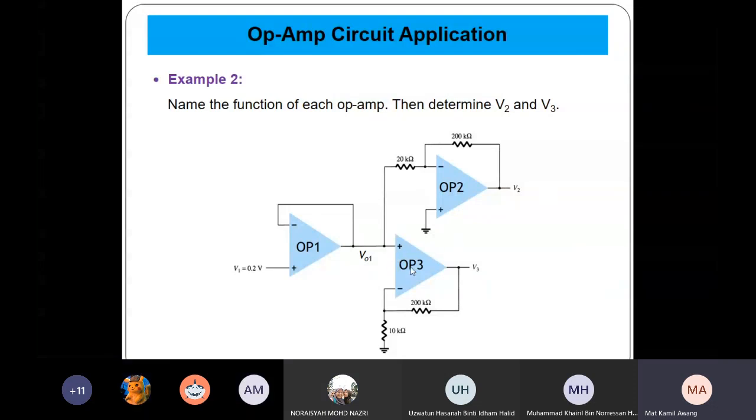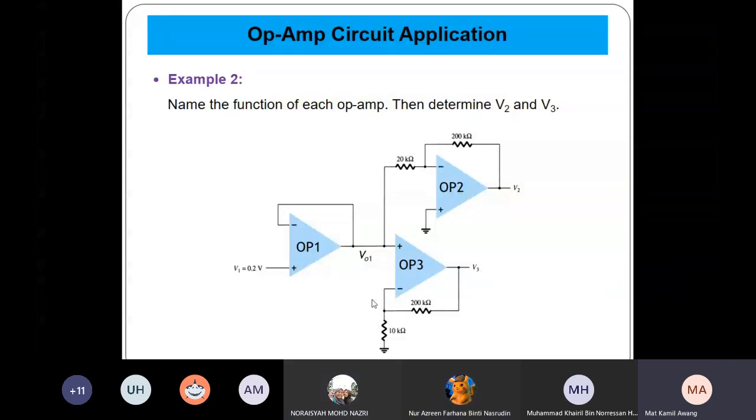Okay, what about this one? What is the gain for this? It is 1 plus RF over R1. So 1 plus 200k divided by 10k. 200k divided by 10k is 20. 20 plus 1 is 21.